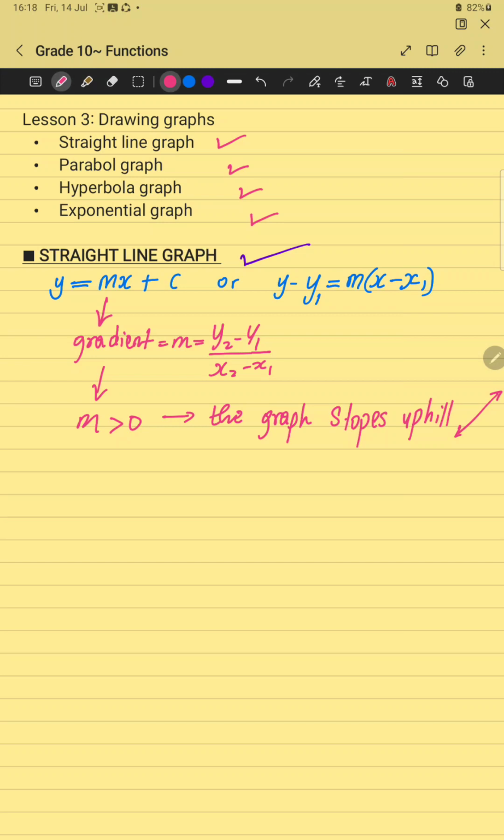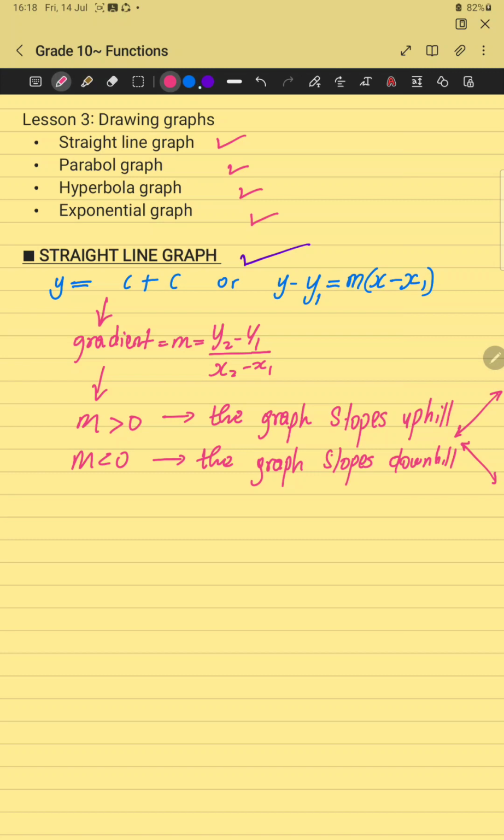So if m is greater than 0, the graph slopes uphill, and if it is less than 0, it's going to go down. These are the shapes of the graph when you want to sketch. So this is how the value of m, which is the gradient, affects the shape of the graph.